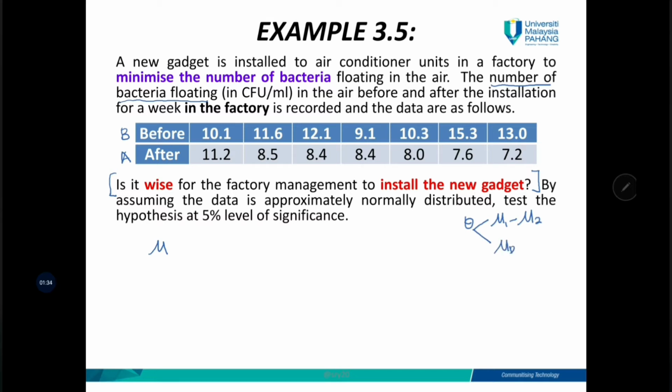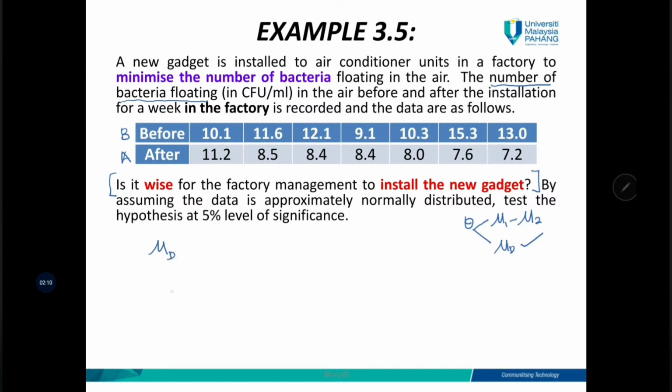We can identify the suitable parameter by looking at the data given. The datasets of before and after are dependent on each other, there is a relationship between them, because the subject, the factory, is the same. So for this case, this is under mu d.